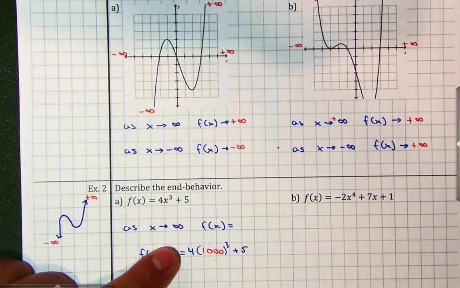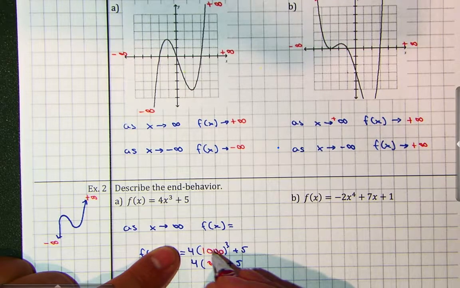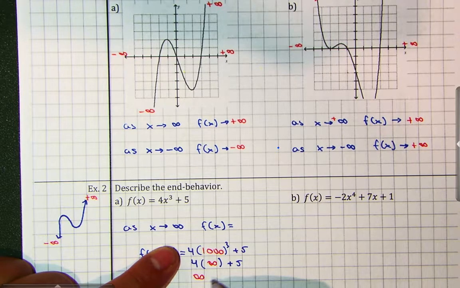How big? Well, it's going to be so big that we're going to say it's going to be infinity, plus 5. So 4 times infinity will be infinity. Remember, it's going to be 9 zeros. So therefore, we're going to say it's infinity plus 5.